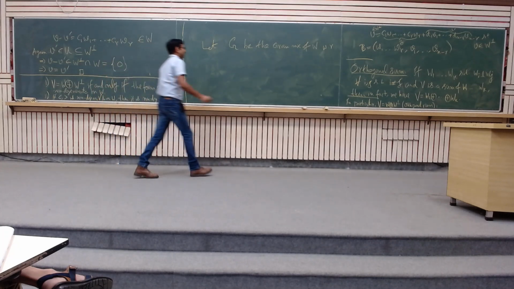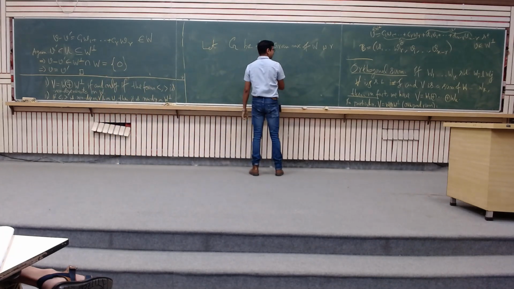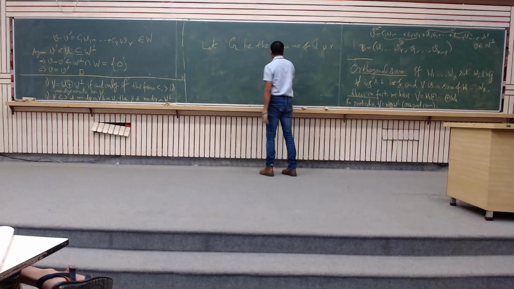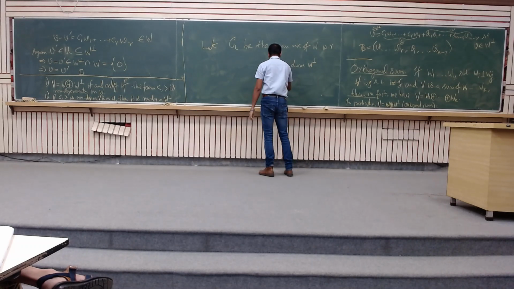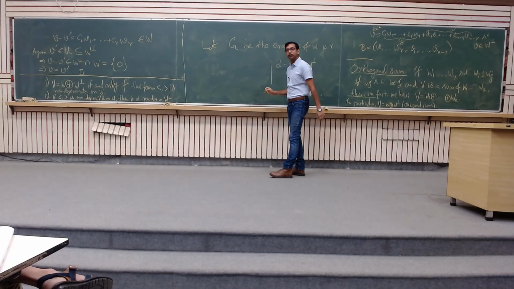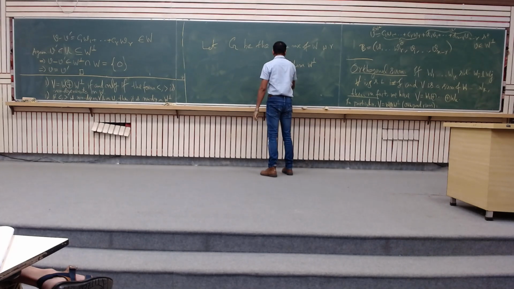Wait a minute. So you are saying that d is the dimension of W perp. And then you are taking W direct sum W perp.